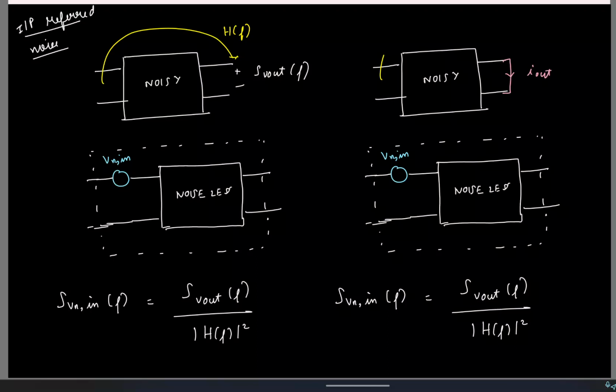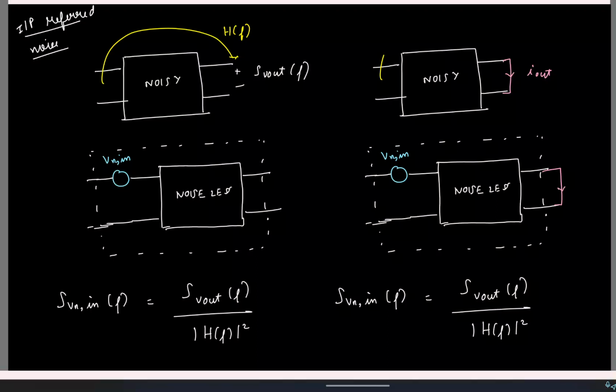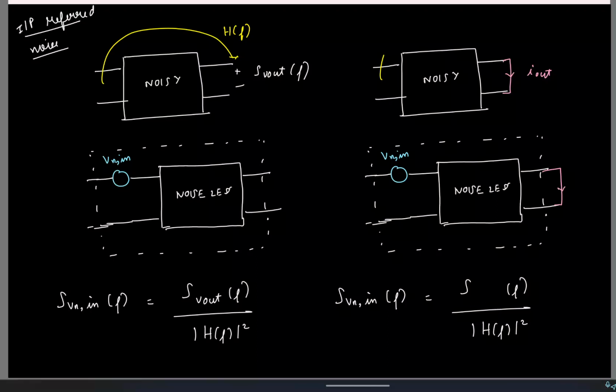So here also I'll do the same thing. I'll short circuit this, and then I'll have S I out of f, and I'll find the transfer function from this source to this current. So voltage to current, it will have some admittance. So this divided by mod Y of f squared.